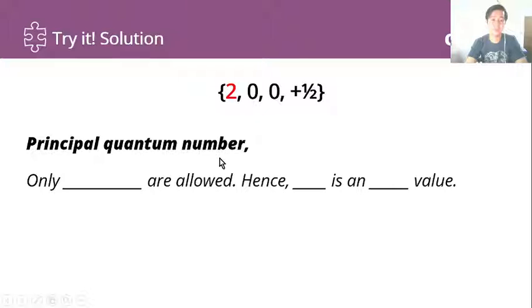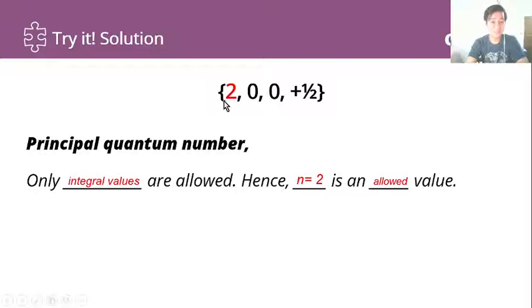For the principal quantum number, we know that only integral values are allowed, which are positive integers. Hence, if n is equal to 2, is it allowed or forbidden? It is allowed.